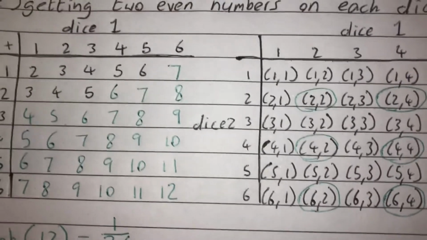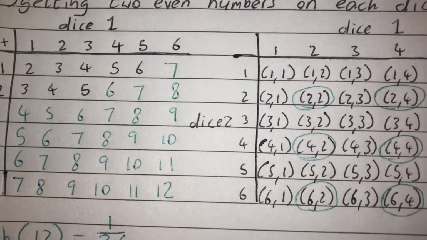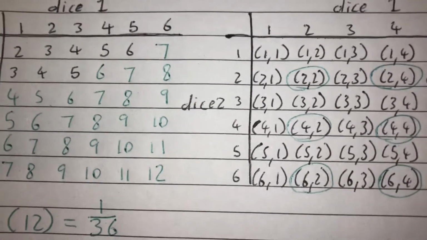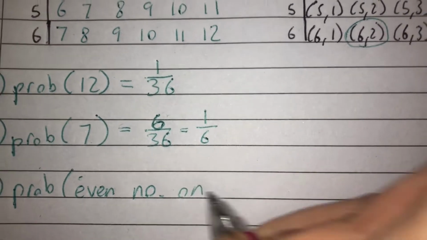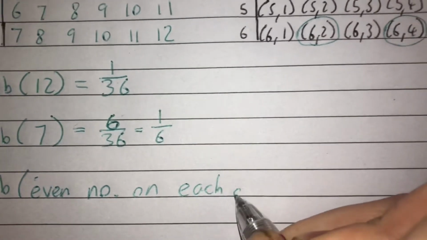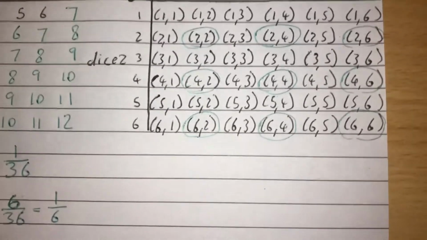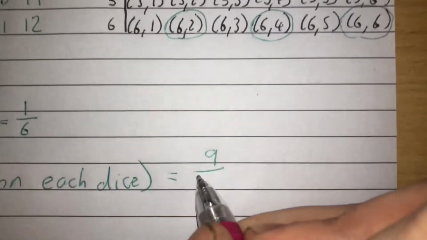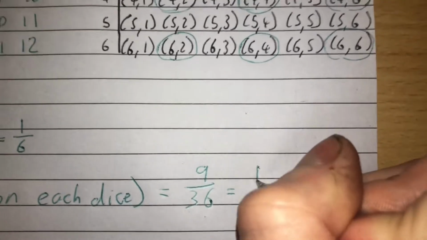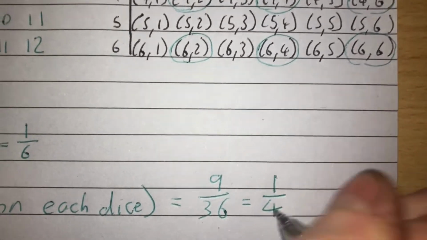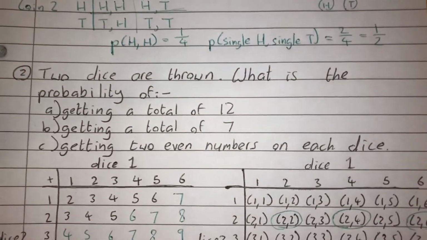So the probability of an even number on each dice is equal to 9 out of 36, which again, if we were to simplify that as a fraction, is simply 1 over 4. Okay, so one of the key things with these probability types of questions is always to read it carefully.